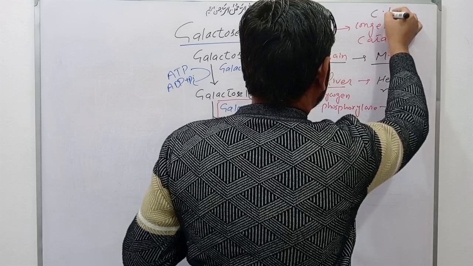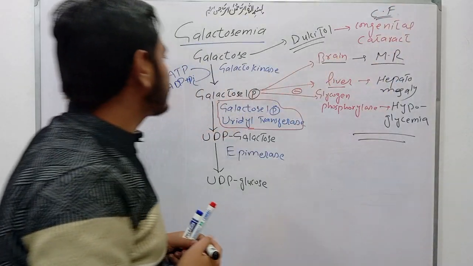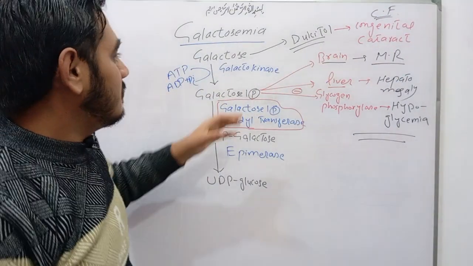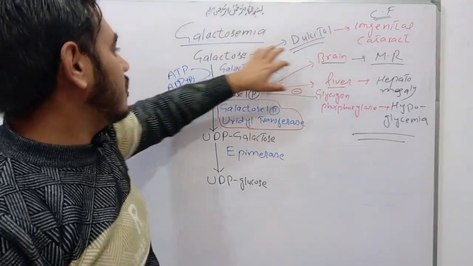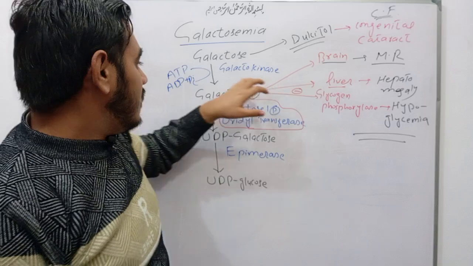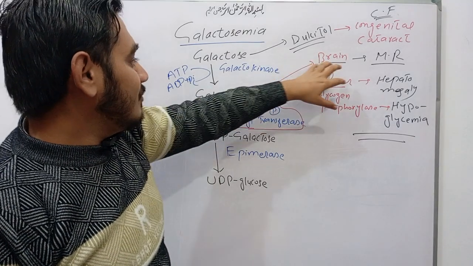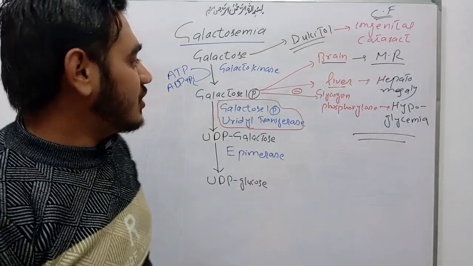These are the clinical features of galactosemia, meaning congenital cataract, which is due to dulcitol, because galactose converts into dulcitol. This galactose 1 phosphate accumulates in the brain and causes mental retardation.